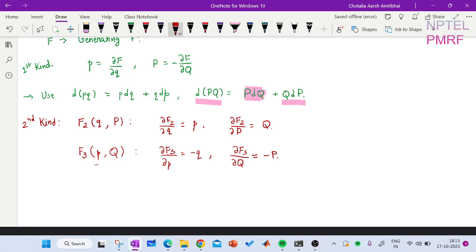So the first one is always the old one, the second is the new one. So for the fourth, F4 would be a function of small p and capital P, in which the derivative of F4 with respect to p is small q, and with respect to capital P it is capital Q. Okay, so there you have it, all four kinds of generating functions.